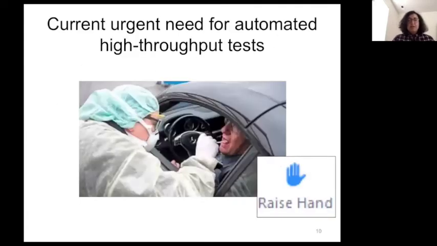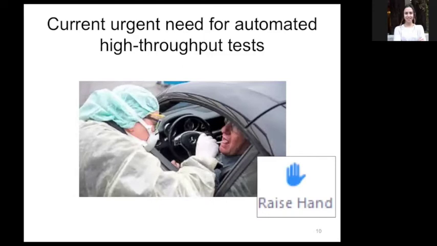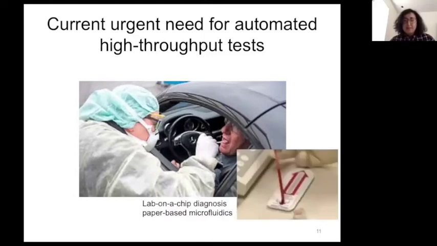Now, who can tell me why we have a current urgent need for automated high throughput tests? We are kind of living it in the moment right now. Coronavirus. Yeah, right? And if you think about it, one of these really rapid tests is actually a paper-based microfluidic.